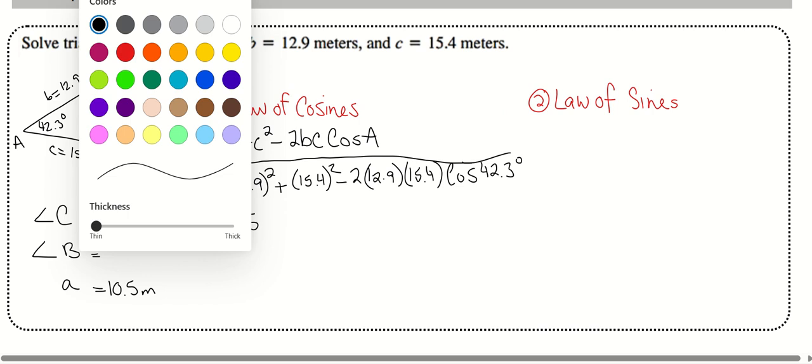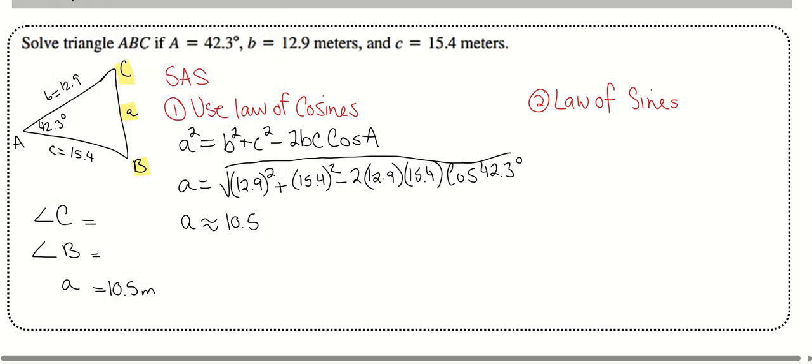So if we take a look at our triangle here, right? We know that little a is 10.5. We know that little b is 12.9 and little c happens to be 15.4, which means that C is going to be the larger and B is going to be the smaller. So we're going to go with B.